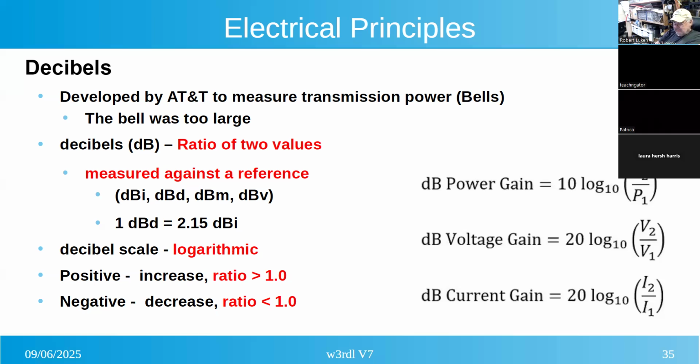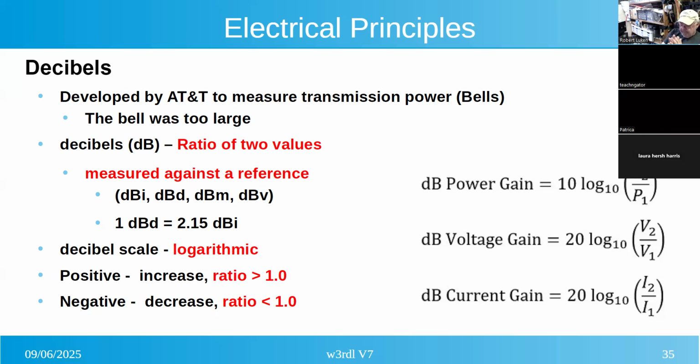We don't deal with that much. There's a conversion between dBd and dBi, where 1 dBd is 2.15 dBi, because the dBi is an imaginary antenna. If you had this point up in space that radiated in a complete sphere, that would be an isotropic radiator.